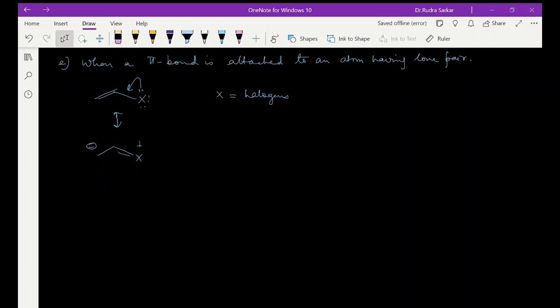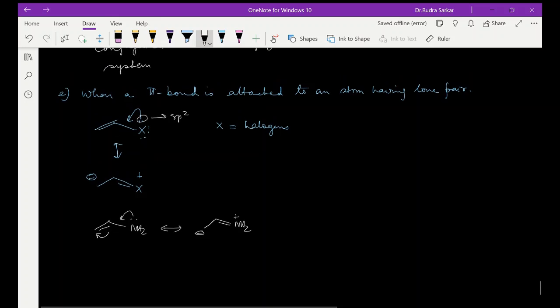And one more thing to notice over here, whenever such a lone pair is conjugated, this lone pair should be sp2 hybridized. Okay, so this is one critical point that should be kept in mind. So suppose we have NH2, then such electron donation is possible, and whenever electron is donated towards the pi bond, we will show, or we will say that these are showing plus M effect or plus mesomeric effect.